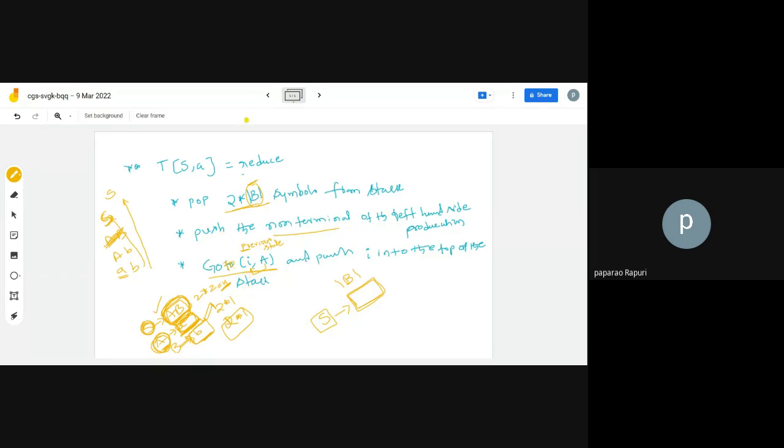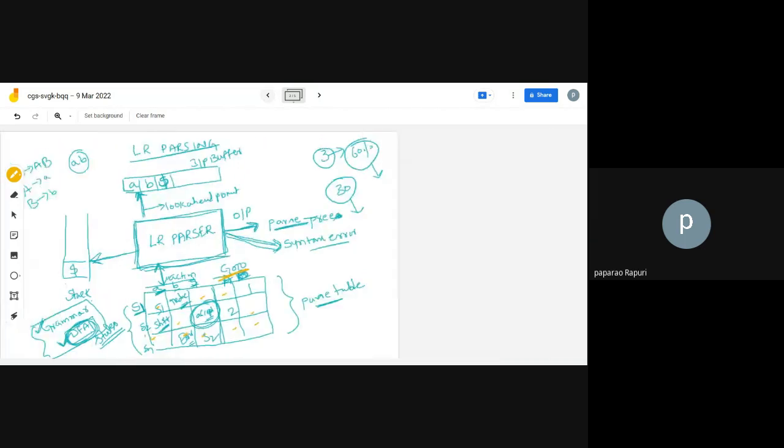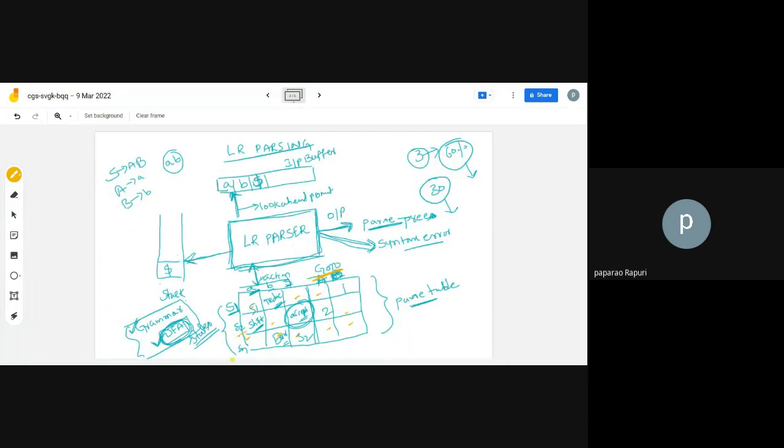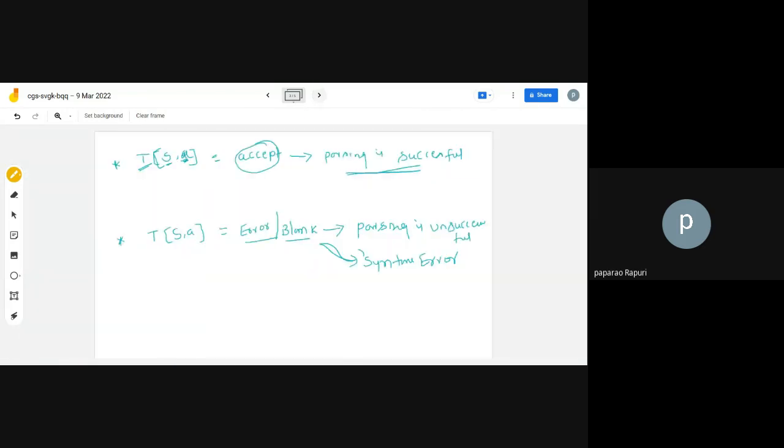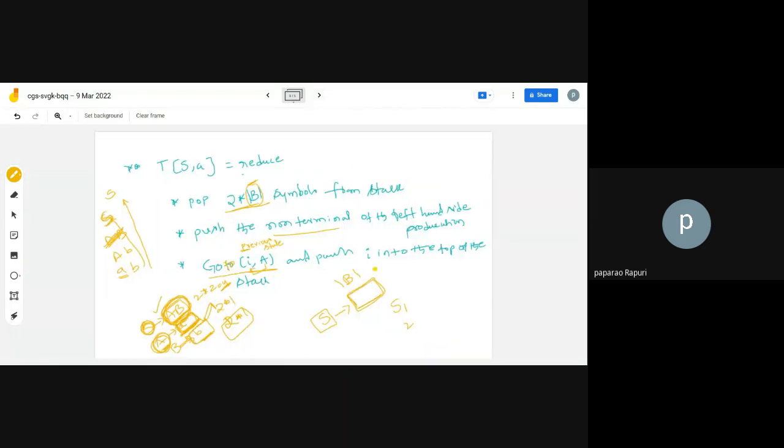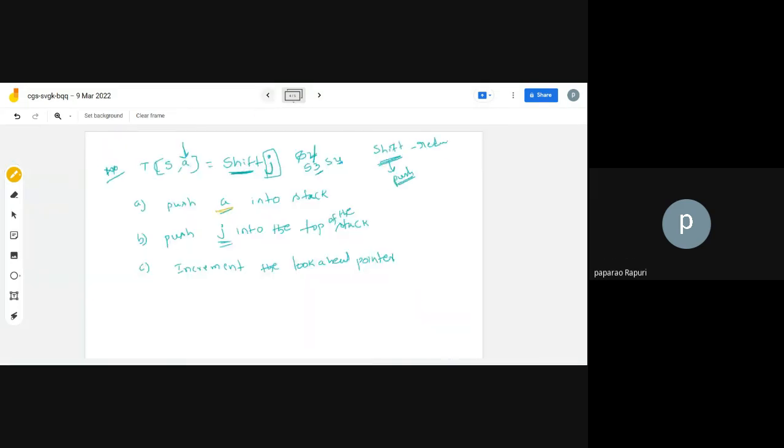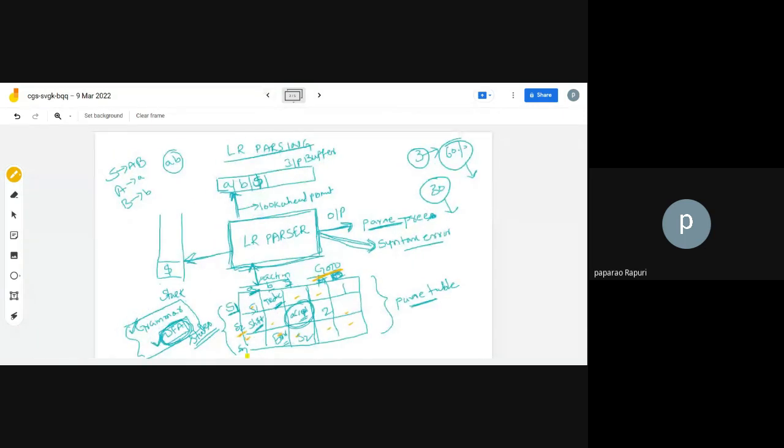Suppose S1 is the non-terminal and the previous state is 2. So we need to check S2, and what is the non-terminal here? The previous state is 1 and the non-terminal is 2, sir. So in that we may check 1.